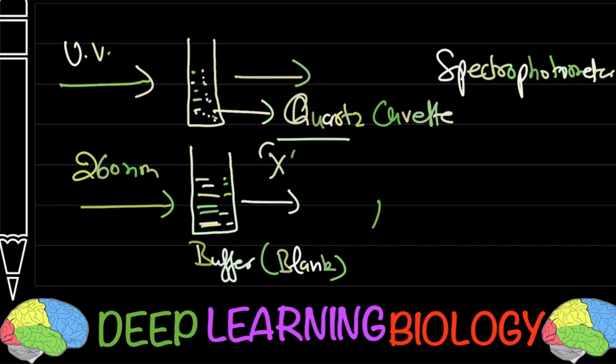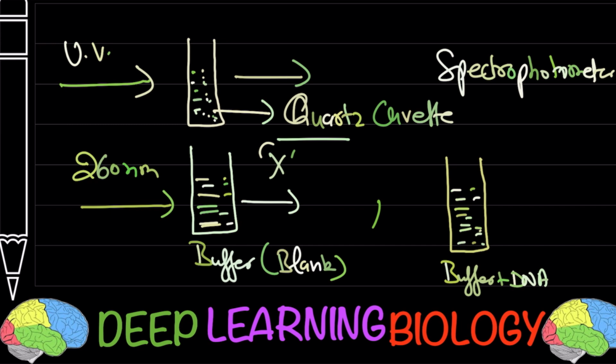Now there can be another situation. In another situation, you are going to have the sample buffer now with your DNA. Same way here also you are going to use the 260 nanometer wavelength of light. Light will pass through the cuvette. Now let's suppose in this condition Y amount of light is being absorbed.